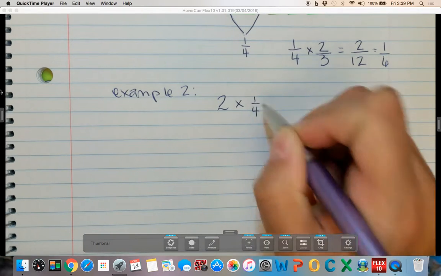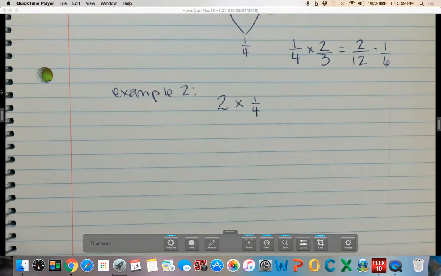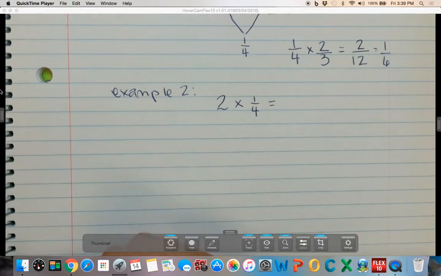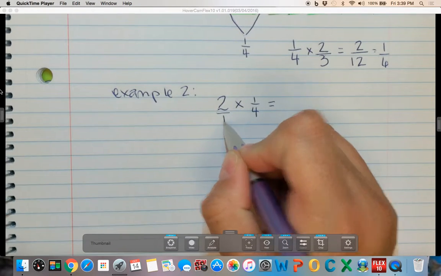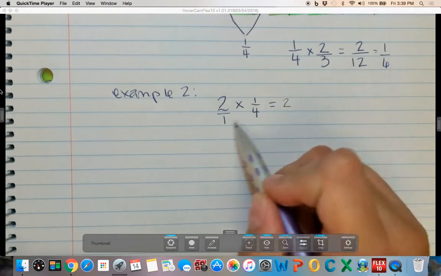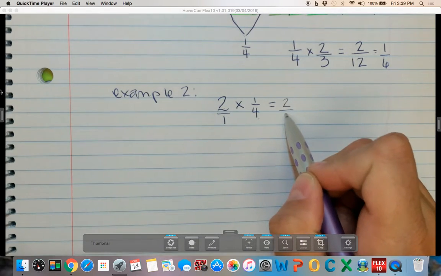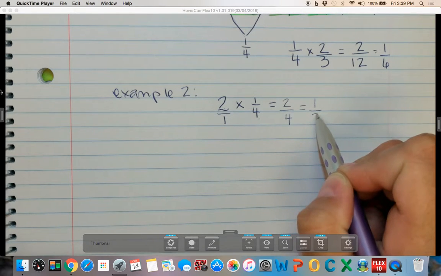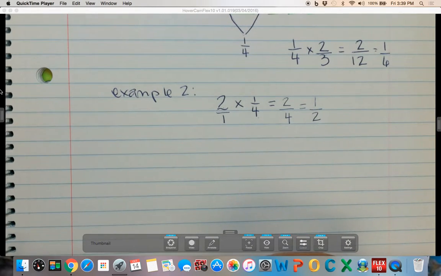We'll go back to 1/4 because 4ths are kind of easy to use. 2 times 1/4. And if we were to multiply this just straight across, we would put a 1 under our 2. 2 times 1 is 2. 1 times 4 is 4. If I simplify it, I get 1/2.